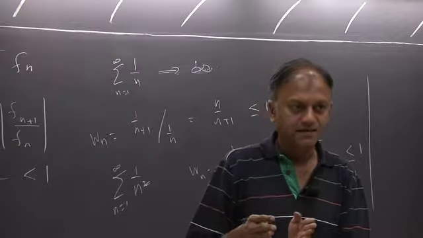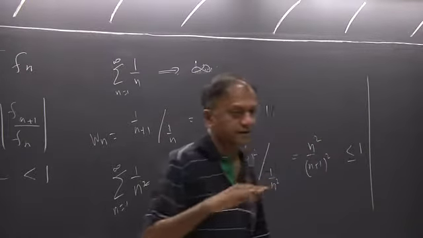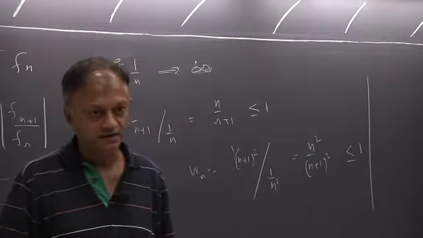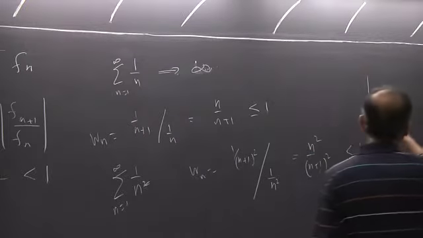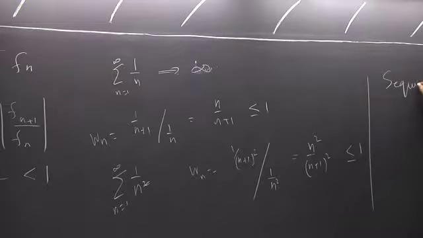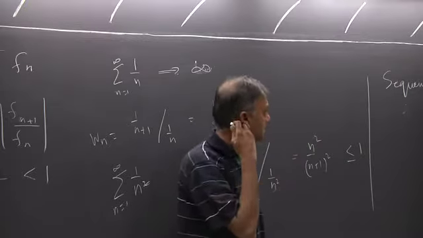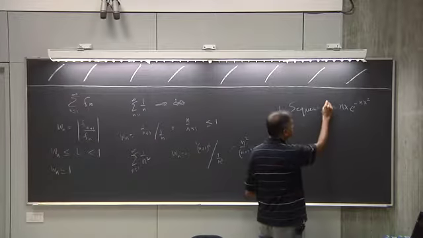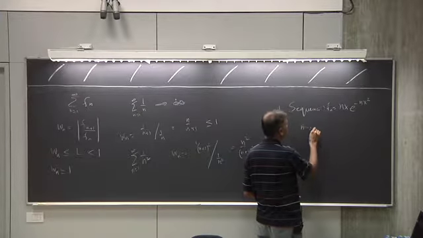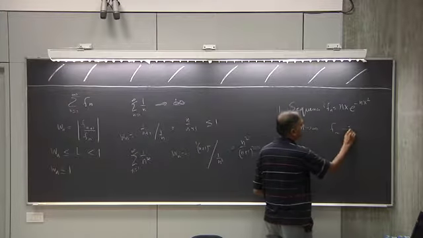And the example I gave you to show that it is not possible if it is not uniformly convergent was a sequence, not a series, but a sequence of functions, which was nx times e to the minus nx squared, where this is fn, let's say. This is a sequence. And of course, in the n goes to infinity limit, fn goes to 0.